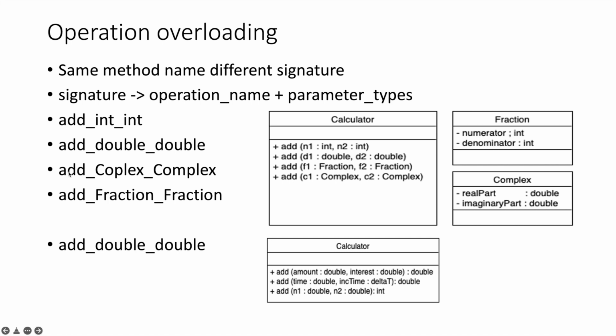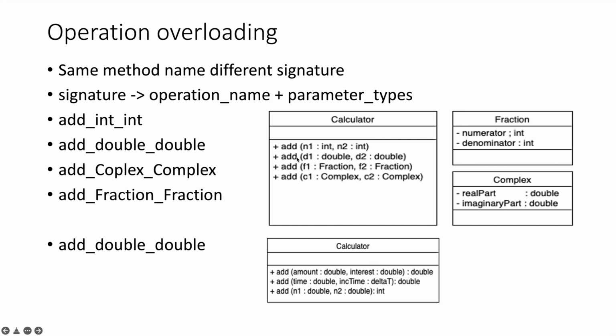Similarly, there should be add complex. Here it is a typo, but I don't think it needs extra explanation. Basically, it's an add complex method, and there are two parameters required which are of type complex. For example, if it is a calculator, then obviously the calculator may need to add different kinds of data.